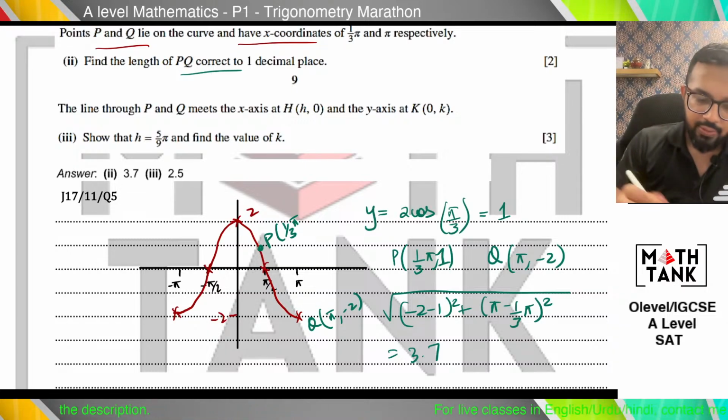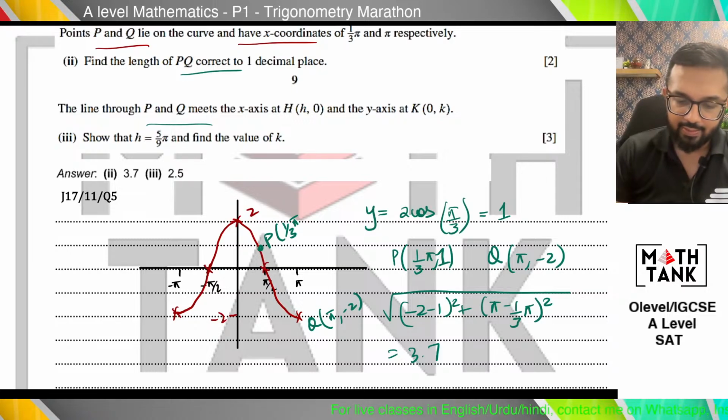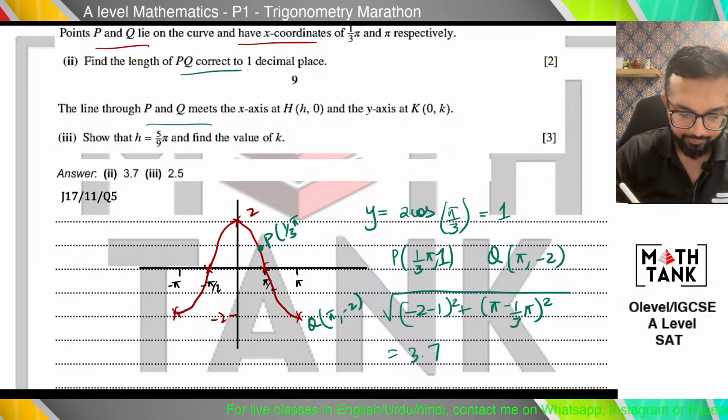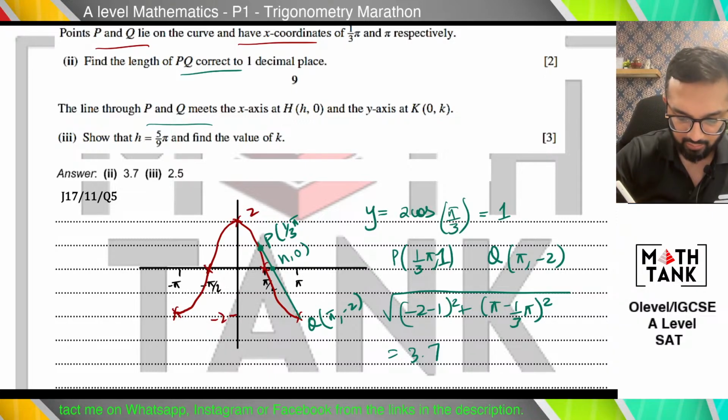Okay, then the line passes through P and Q, meets the x-axis at h comma 0, and the y-axis at 0 comma k.